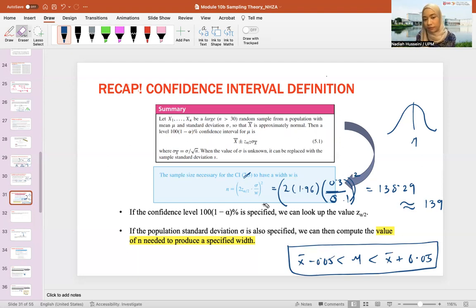Oh, so that reminds me, for your final exam, okay, everyone, I won't be giving you equations, but I will be letting everyone bring an A4 size paper. You have two sides to your A4 paper, right? Use only one side to write all the equations that you want, anything.